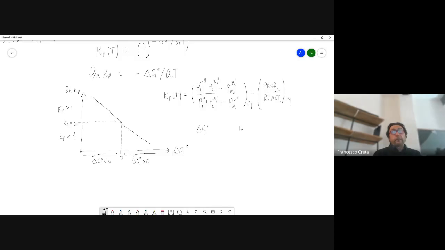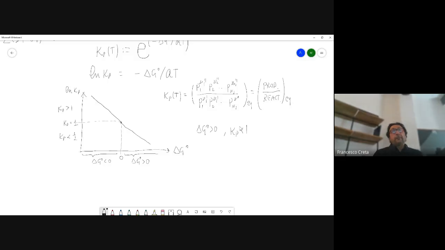I hope you agree. So now look at this graph that we just wrote. If delta G0 is bigger than 0, then we know that Kp is less than 1, right? But look at this equation here, the statement of equilibrium.